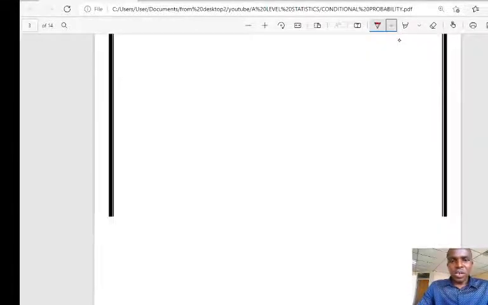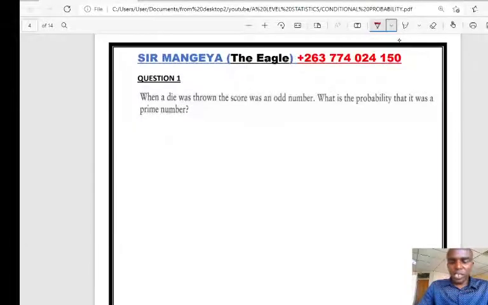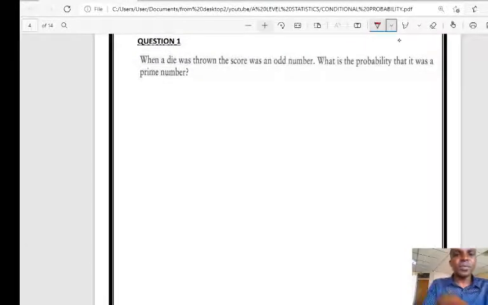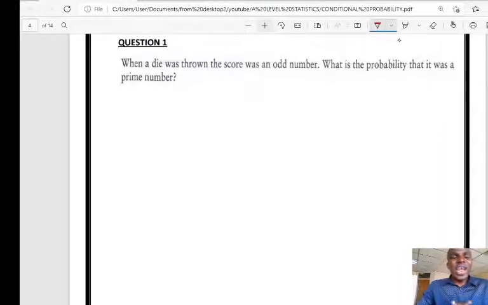Right. Questions. Question number 1. When a die was thrown, the score was an odd number. What is the probability that it was a prime number?